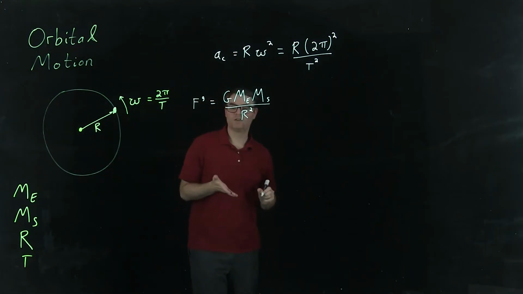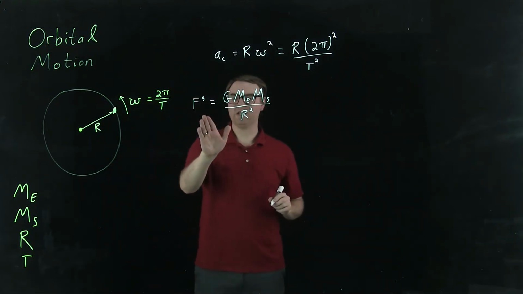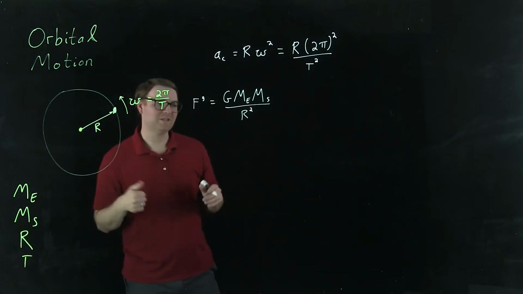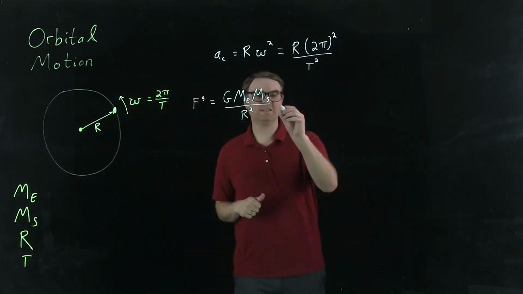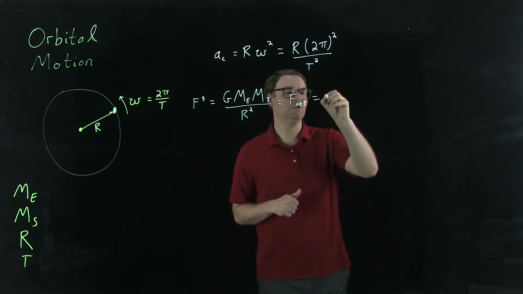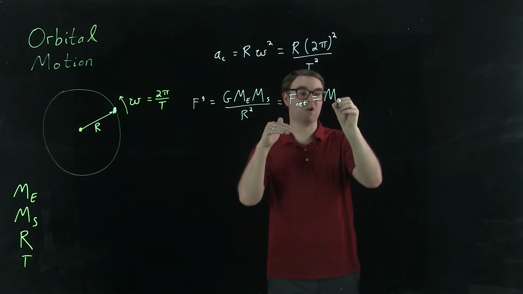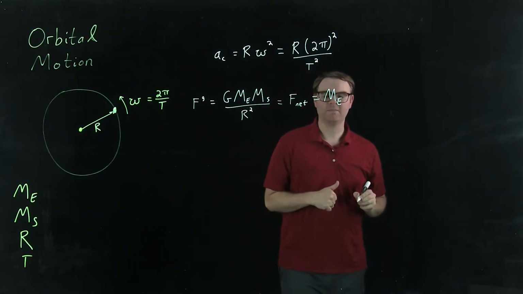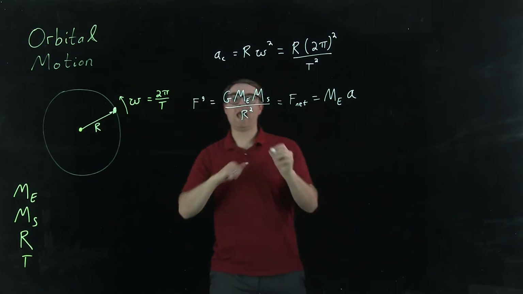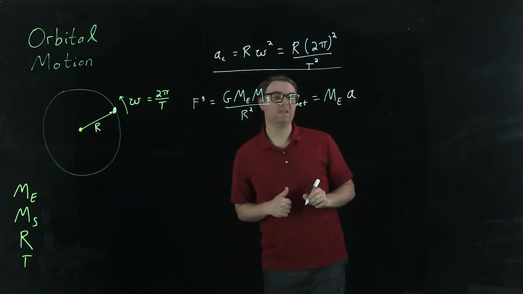So I now have an expression for the gravitational force. That's going to be the same as the net force on the Earth because there's no other substantial forces here, which means that I can set that equal to the net force and therefore equal to the mass of the object, which here the Earth is the object that I'm considering, times the acceleration of the Earth, which happens to be this one that I found here.